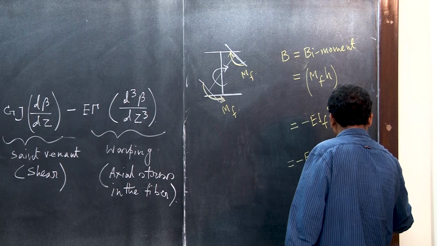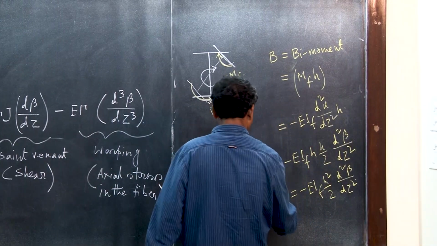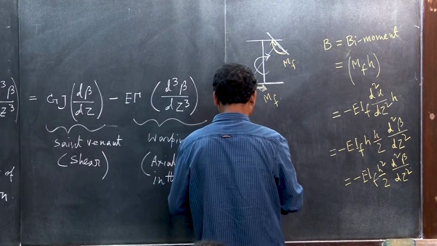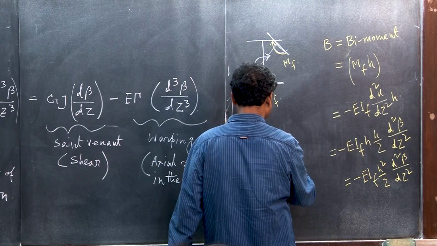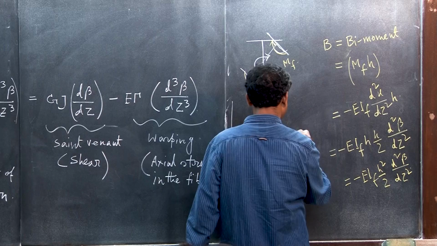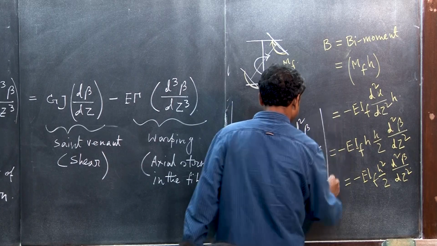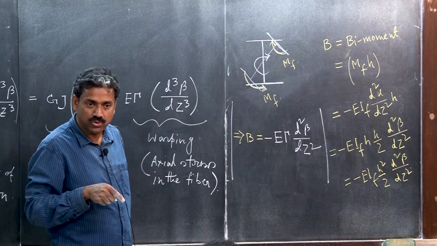Do you see? We are having a similar expression of bimoment. So, what we see is that bimoment is nothing but minus E capital omega d2beta/dz2. Do you see the same expression as when M is equal to minus EI d2w/dx2?